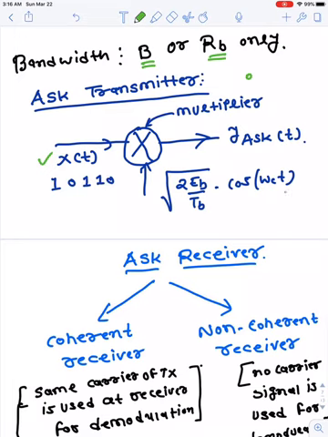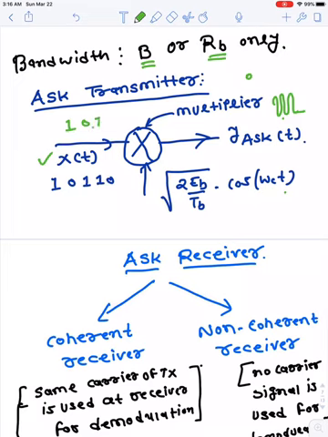So if we apply 1 at the input, at this point we have a carrier signal, simply square root of 2 Eb by Tb cos omega ct, and if the next bit is a 0, there would be a 0.